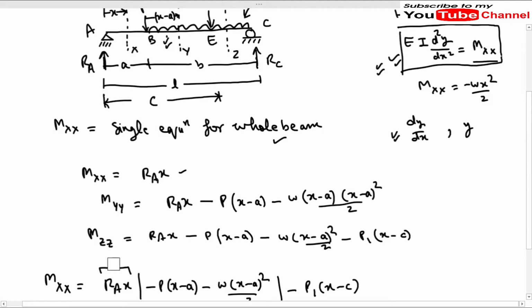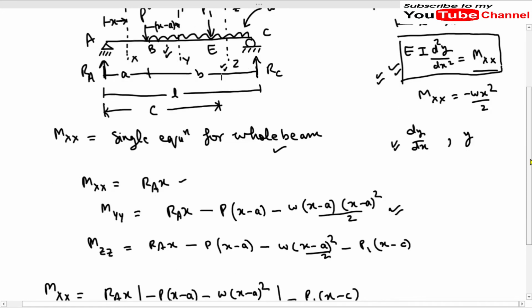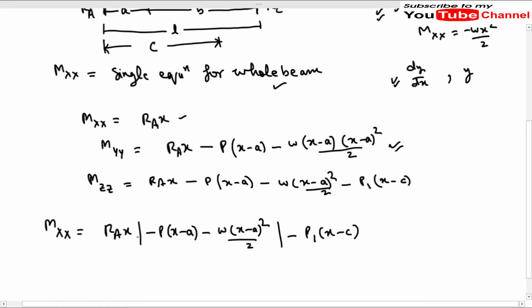Now if I want to find out the bending moment at section yy, I need these two terms, as you can see in this equation. Further, if I want to find out the bending moment at section zz, how many terms do I need? I need all these terms, as you can see in this equation.